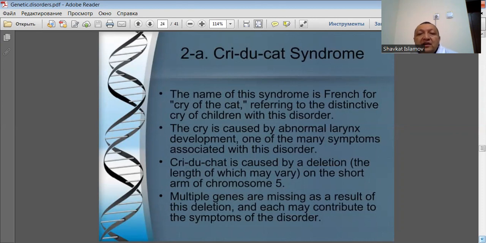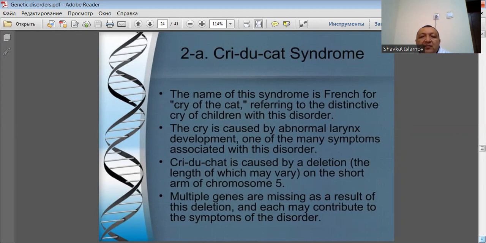2a. Cri-du-chat syndrome. The name of the syndrome is French for cry of the cat, referring to the distinctive cry of children with the disorder. The cry is caused by abnormal larynx development, one of the many symptoms associated with the disorder. Cri-du-chat is caused by a deletion of the short arm of chromosome 5.